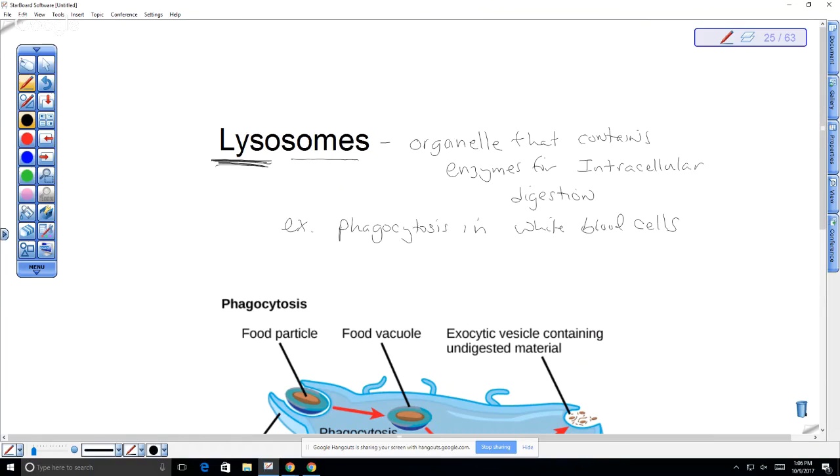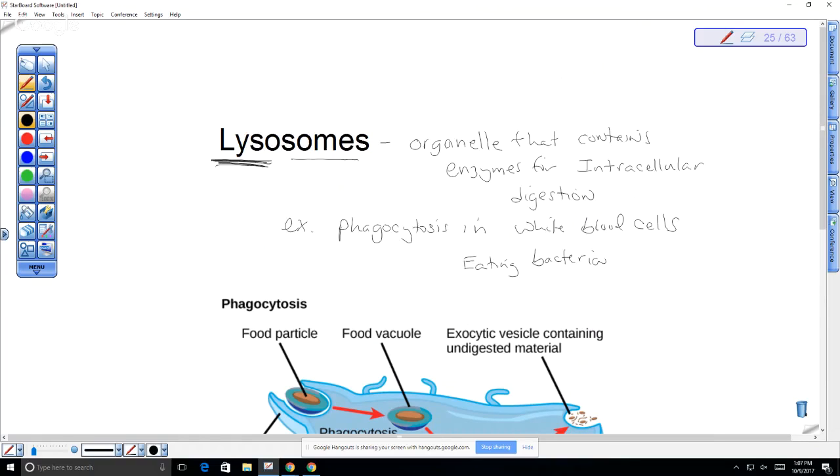Phage means to eat. Cytosis means the cell, right? So this would be like white blood cells eating bacteria. They can go through the body, find the bacteria, and digest them. And they can use the nutrients for their own growth and reproduction possibly, and so for their own energy.